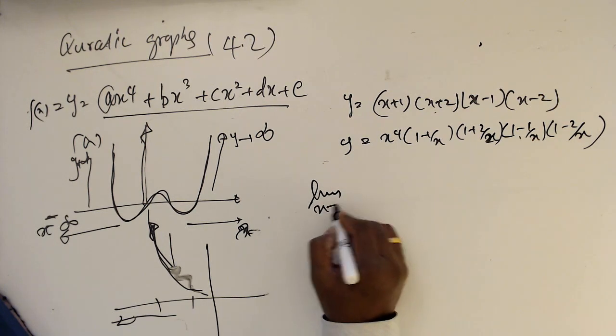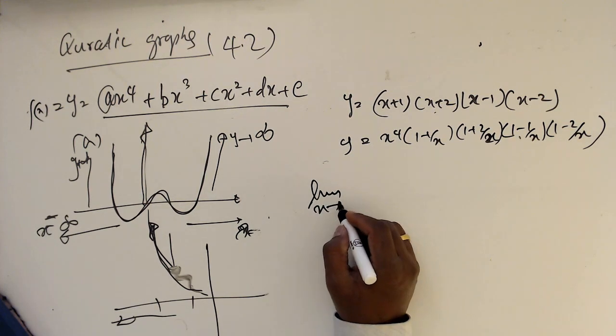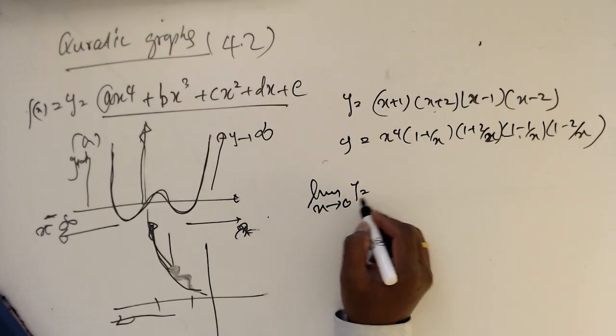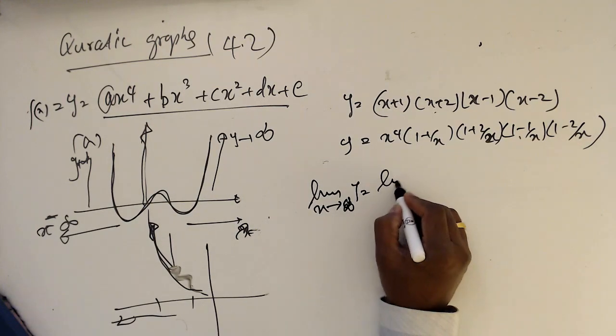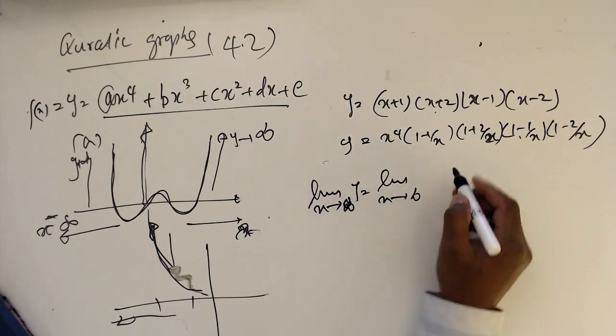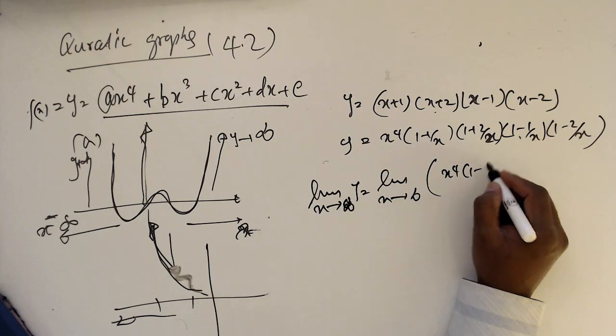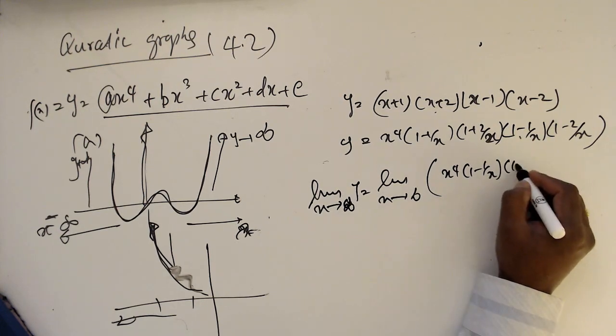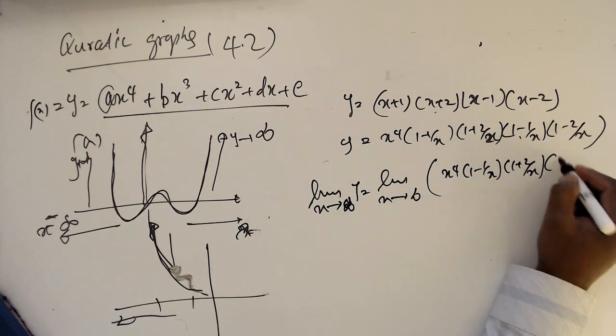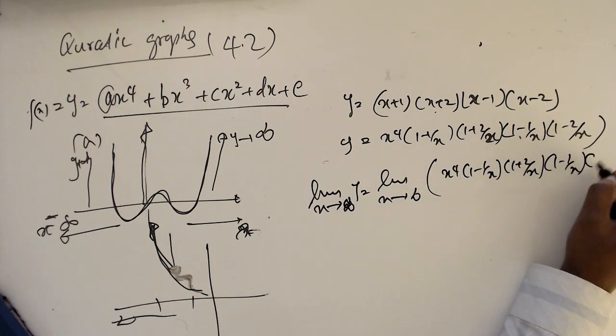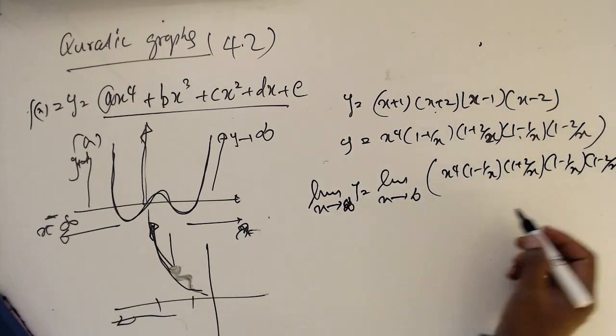Limit as x tends to infinity of this expression: x to the power 4, 1 minus 1 over x, 1 plus 2 over x, 1 plus 1 over x, 1 minus 2 over x.